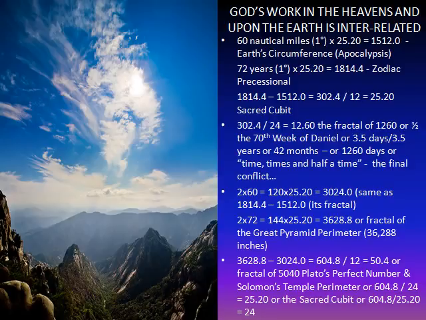Or taking 604.8, the difference between doubling of the degrees of the earth from the heavens, and dividing it by 24 this time, combining both the 12 patriarchs of Israel and the 12 apostles of the Lamb, we will arrive at 25.20, the measurement of the sacred cubit in inches.